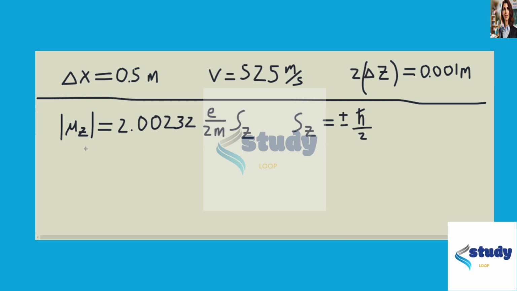So if we plug that into our expression, the 2's are going to cancel, so this is equal to 1.00116. We just add that first number multiplied by h bar times e over 2.